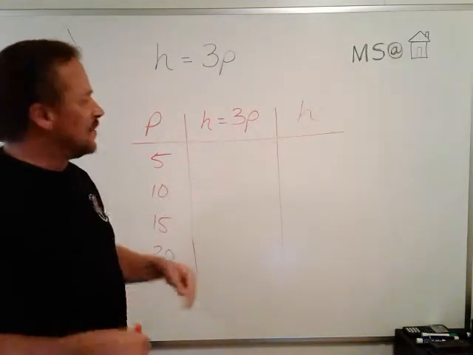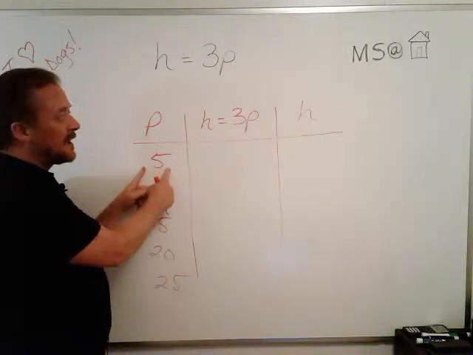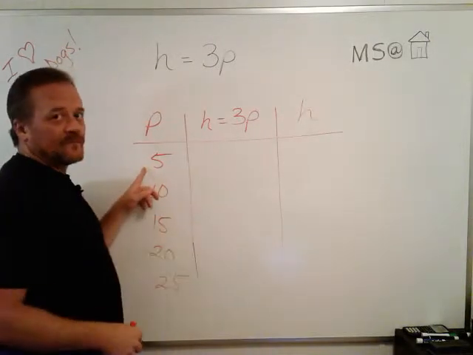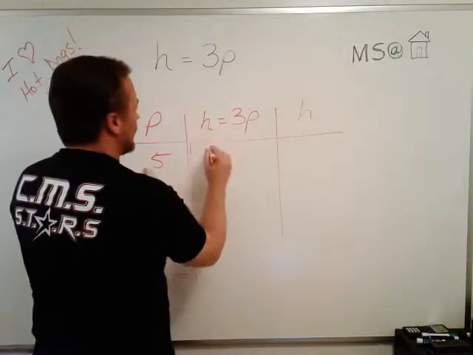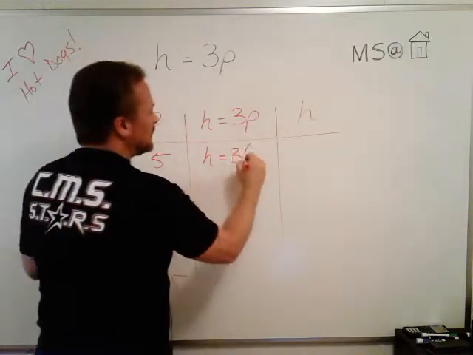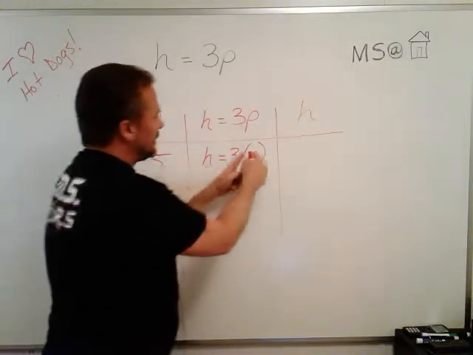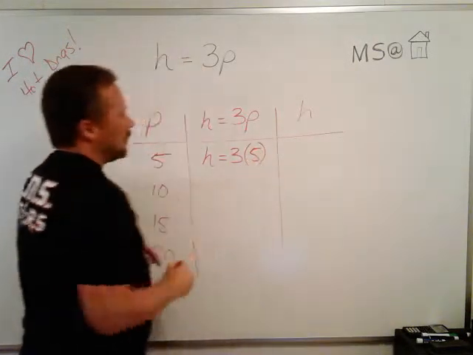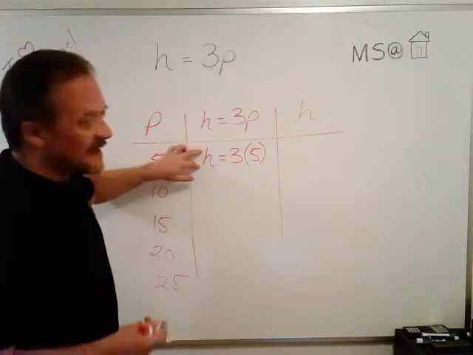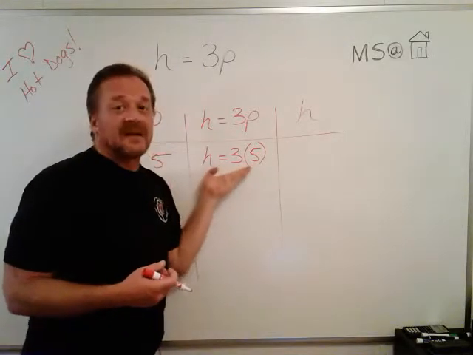And the only thing I'm really doing in this middle column is I'm taking this value of p and I'm replacing the variable each time. Watch. I'm going to rewrite h equals 3, but instead of writing p, I'm going to open this up. Okay? And I'm going to put the value of p in there. Why? Because it shows very clearly hot dogs on this side, my dependent variable here all by itself, and calculations happening here.